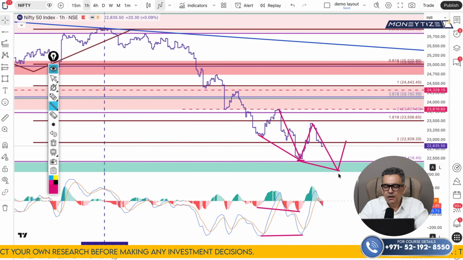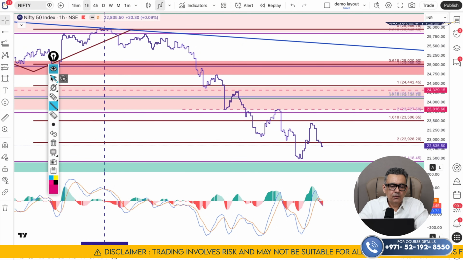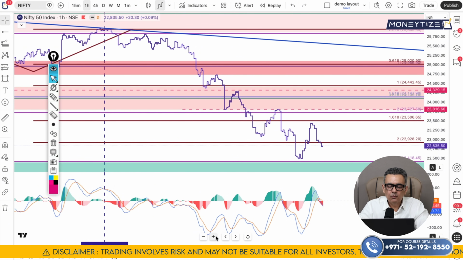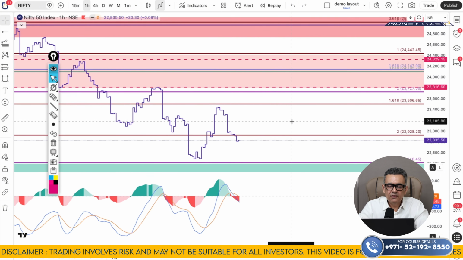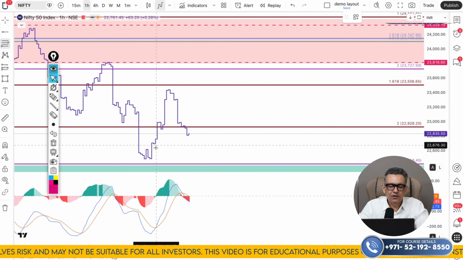So this aligns with the new lower low formation and a new bullish divergence being printed on the chart, and then a fake break of this level 22,000 and reclaim higher. So we need to assess the probability of one more push lower. So how do we assess the probability and the levels here? I'm going to apply reverse fib on the latest upward move here.